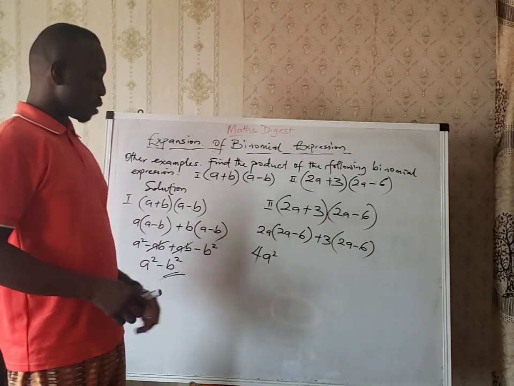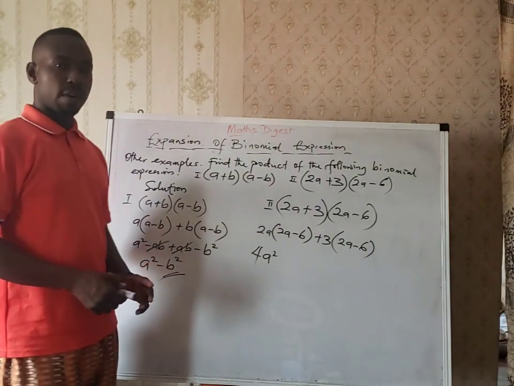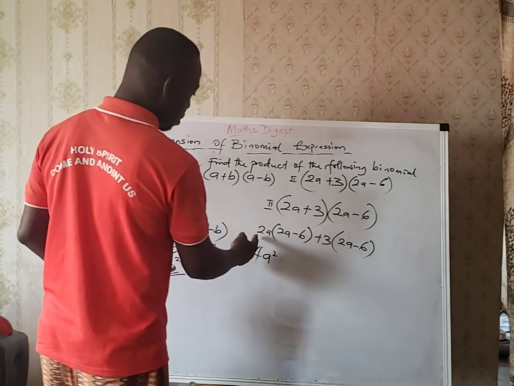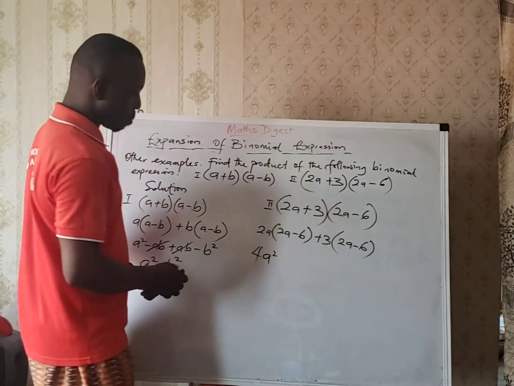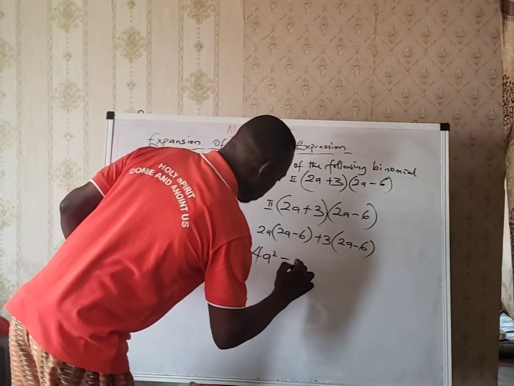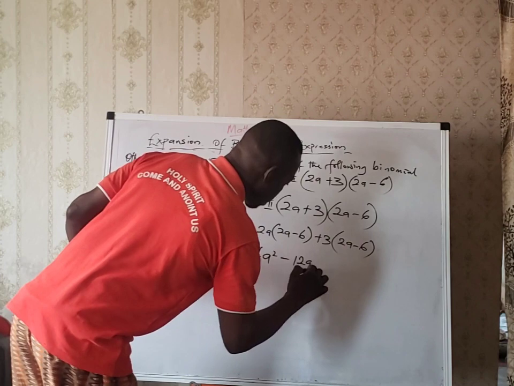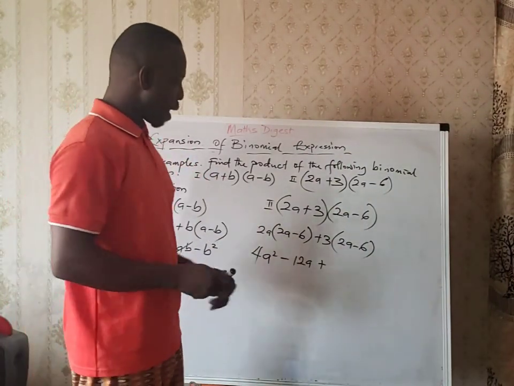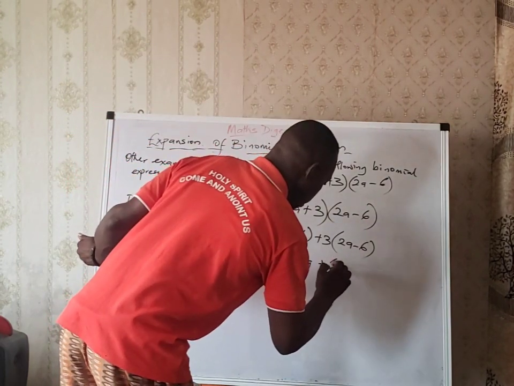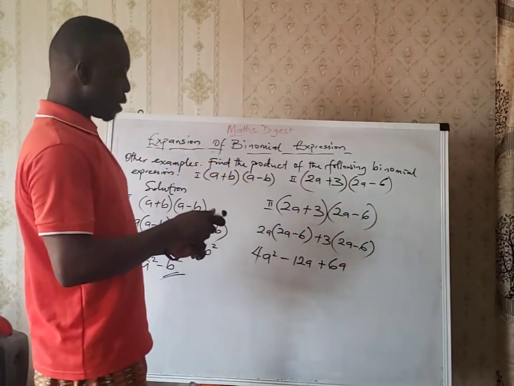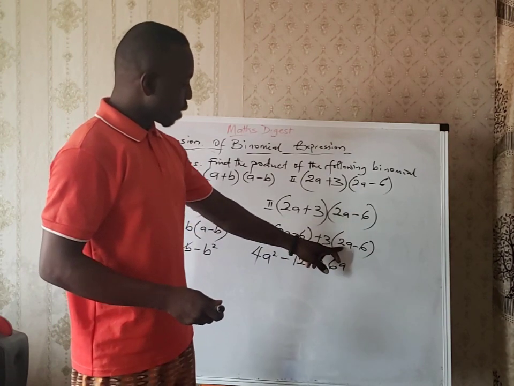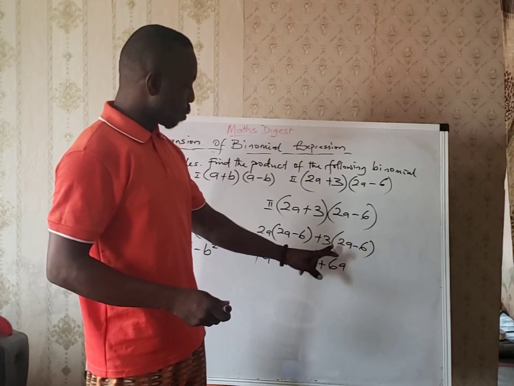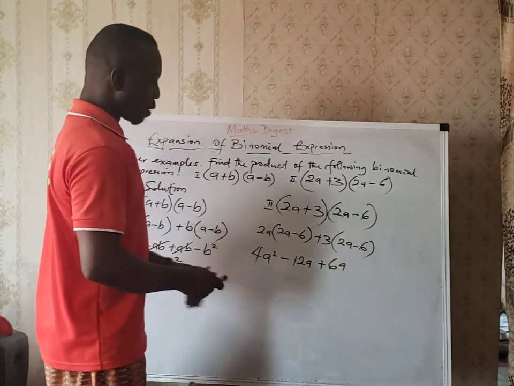We multiply the a's, the variables, and we have a squared. Now on the other side, 2a times minus 6 we have minus 12a, plus 3 times 2a we have 6a. The numerals multiply, we have 6, and we only have a here, no other variable, so we have 6a.